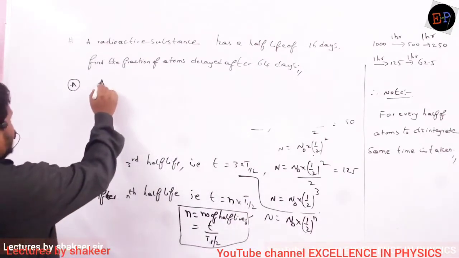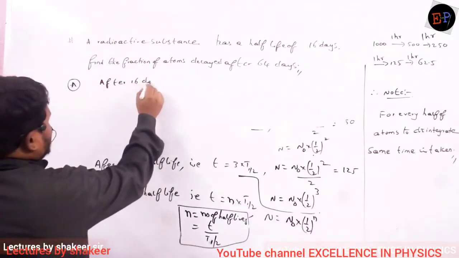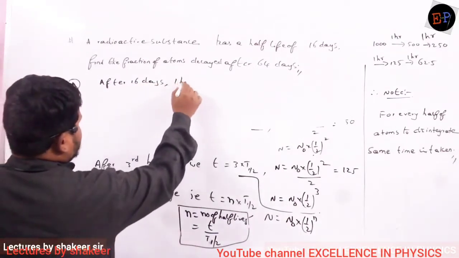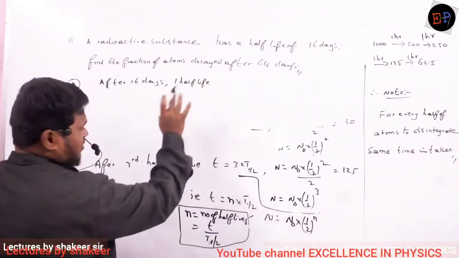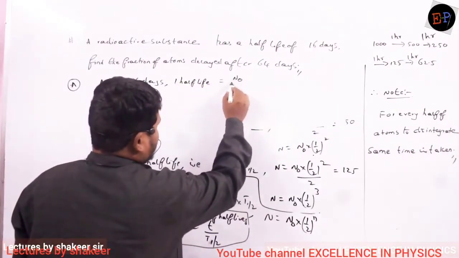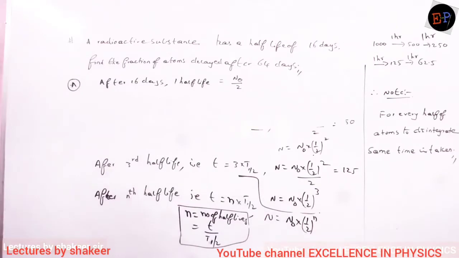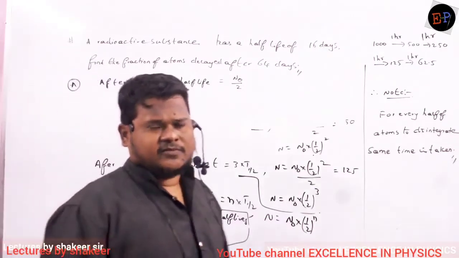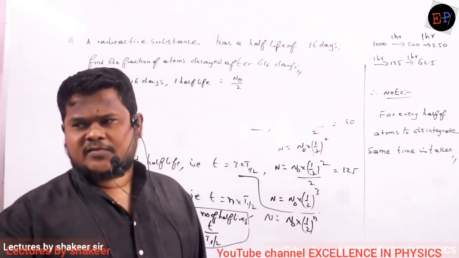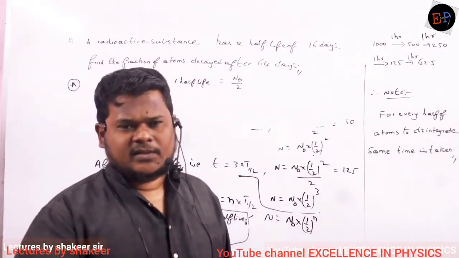See, after 16 days, one half-life is completed, no? So if the initial number of atoms is N0, then it will become N0 by 2. After one half-life, half of the atoms have disintegrated and half of the atoms are ready for disintegration.